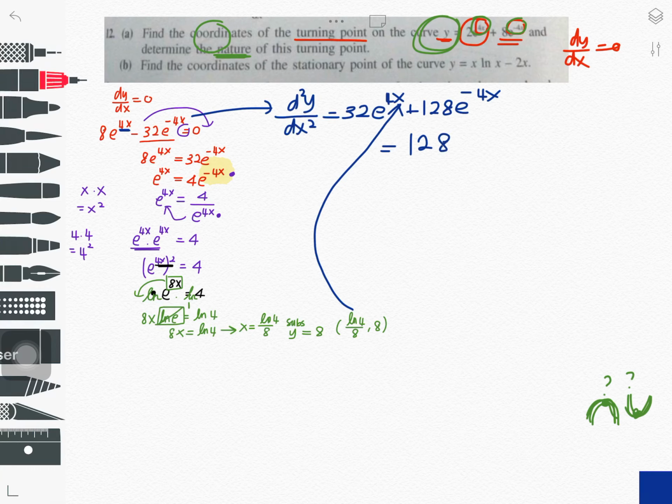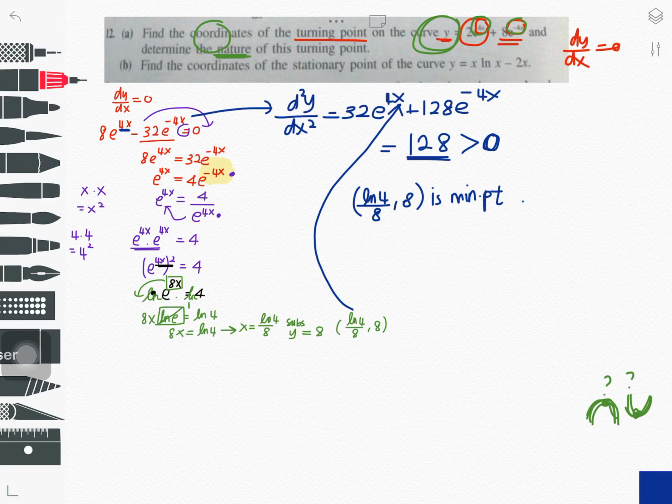You can just type it in the calculator. Now what can we conclude? Is this value greater than 0 or lesser than 0? Greater than 0. If it is greater than 0, then this point here, (ln 4 over 8, 8), is a minimum point.